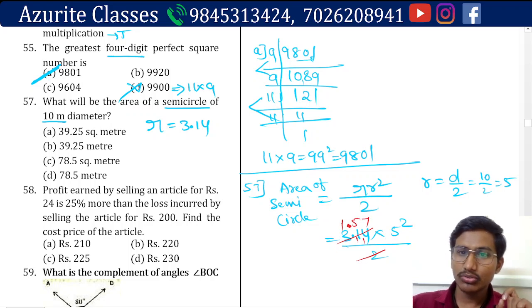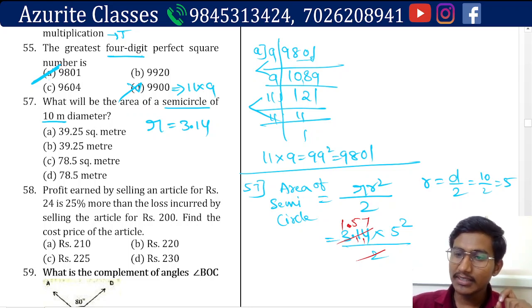Here if you multiply 1.57 into 5 square, that is 25, you will get the answer. 25 sevens is 175.